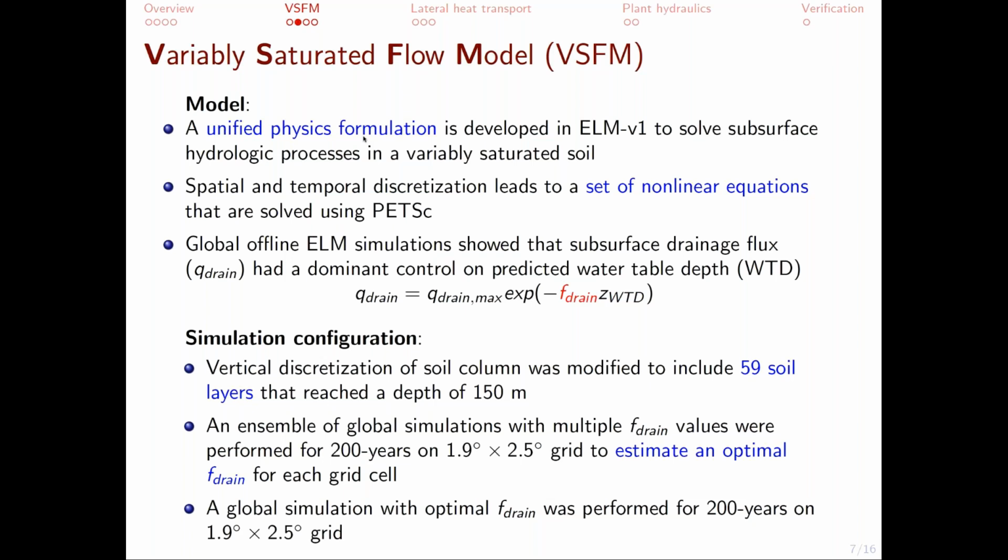Then we performed ensemble simulations at a 2-degree grid for 200 years for different values of F drain to estimate an optimal value of F drain for each grid cell. And finally, we performed a final offline simulation with the optimal value of F drain for 200 years. In all of these simulations, we only looked at the last 20 years of these 200-year simulations.